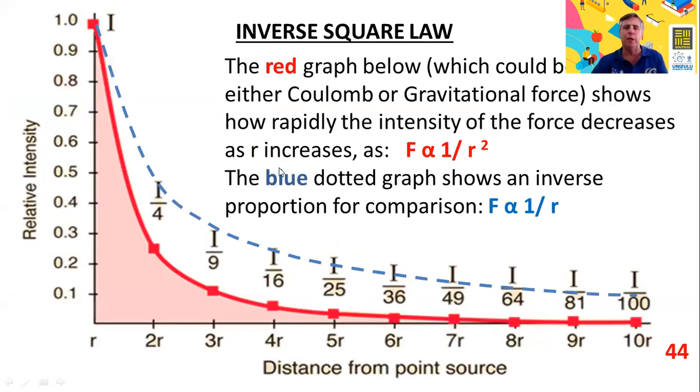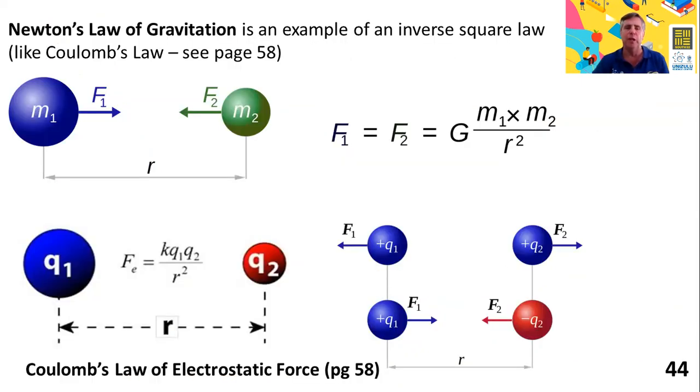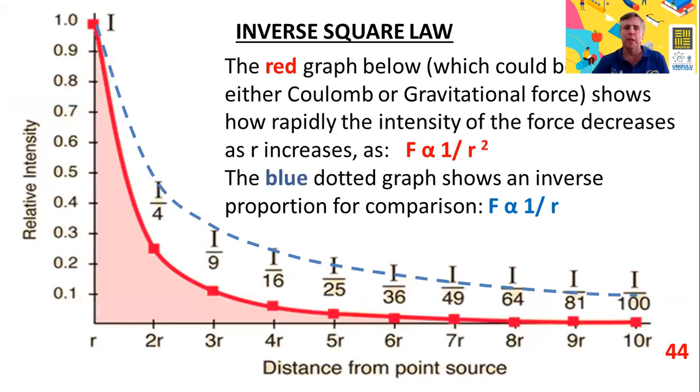Now, an inverse square law, just graphing it, shows you how quickly these forces decrease. So gravitation and electrostatic force get small very quickly as you move away from the source. This red line here is a plot of the relative intensity at different distances from the point source.